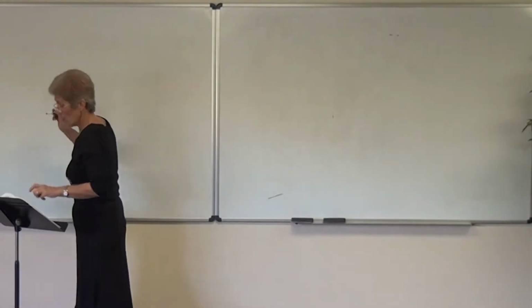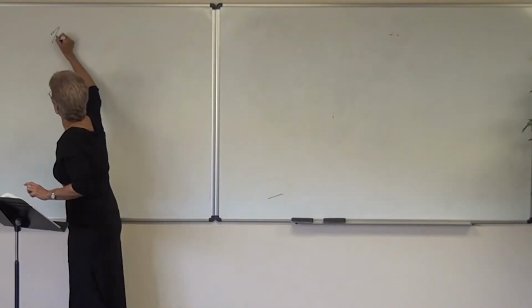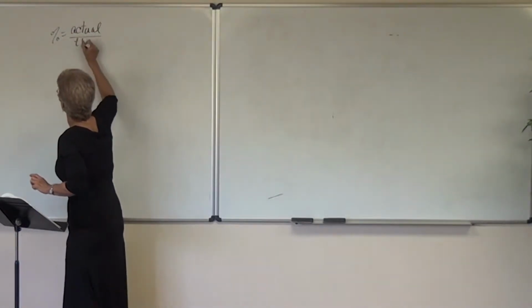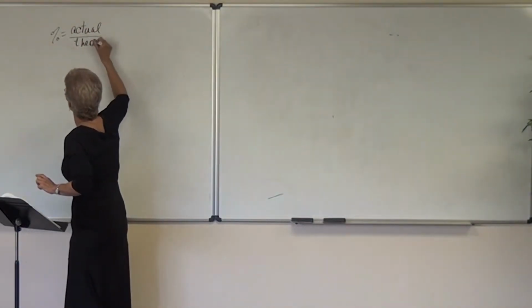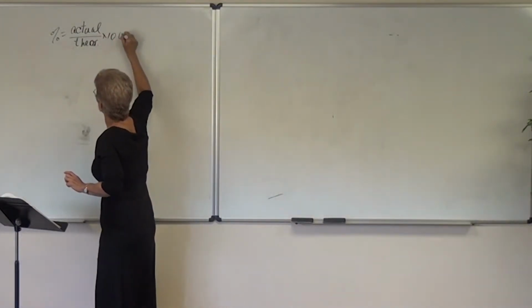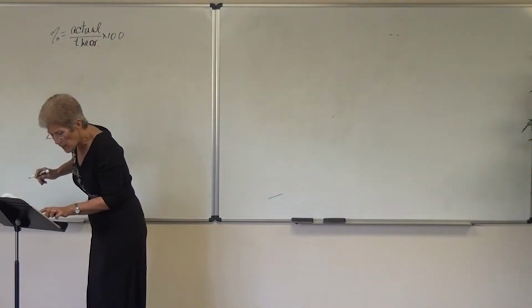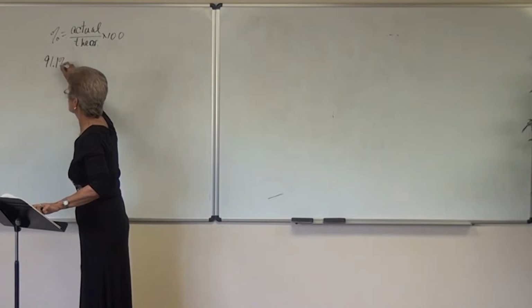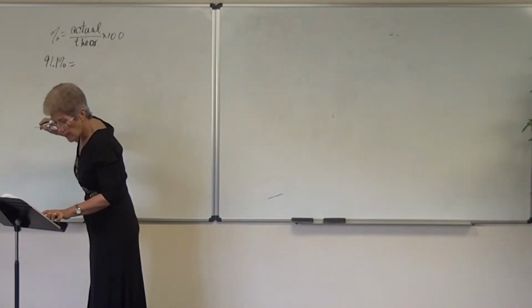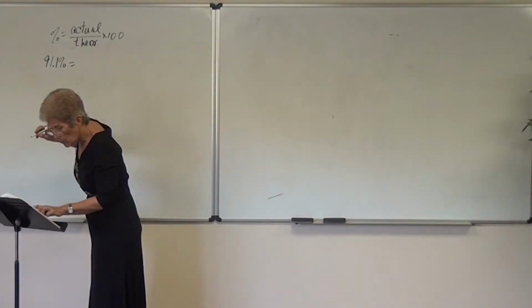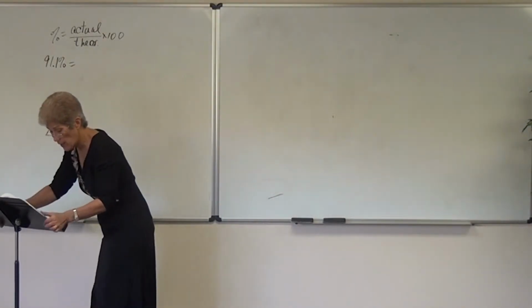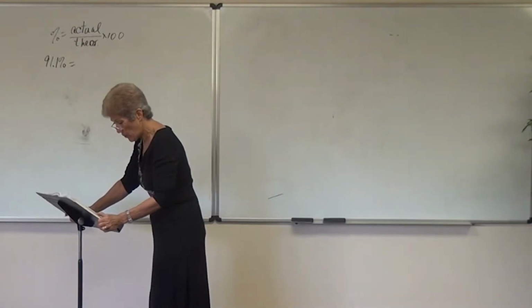Well, remember, we know that the percentage yield equals the actual over the theoretical times 100. And in this one, they have given us that she ends up with a 91.1% yield, right? And we're also told, we're not told anything else. Okay, good. But we have what she started with.